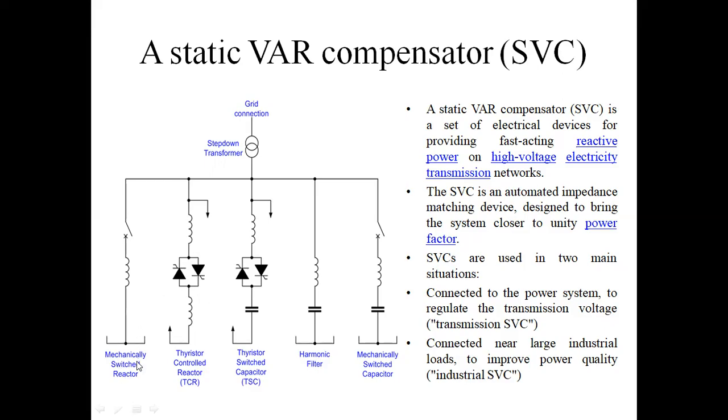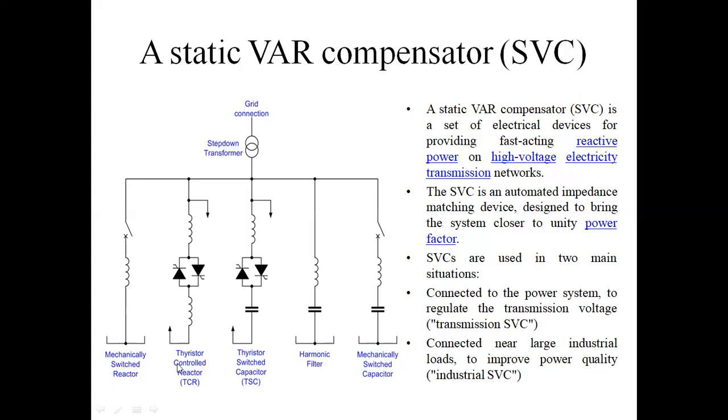One by one, I will explain. This is the mechanically switched reactor: an inductor in series with one mechanical switch. Next, this is the thyristor-controlled reactor, shortcut form TCR. In this thyristor-controlled reactor there are two thyristors connected anti-parallel, thyristor 1 and thyristor 2.